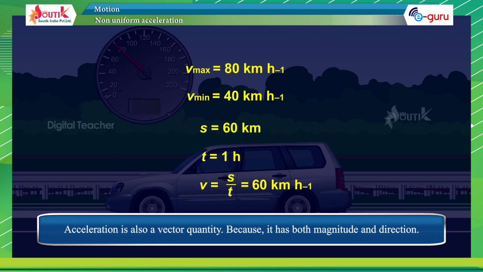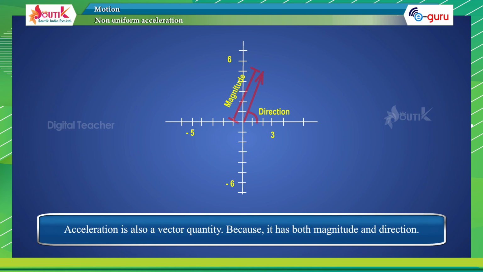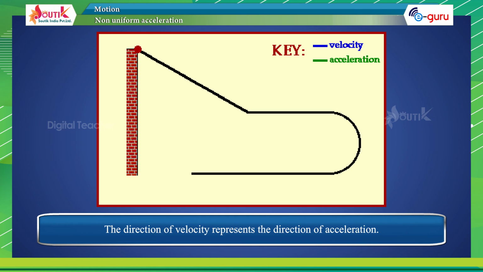Acceleration is also a vector quantity because it has both magnitude and direction. The direction of velocity represents the direction of acceleration.